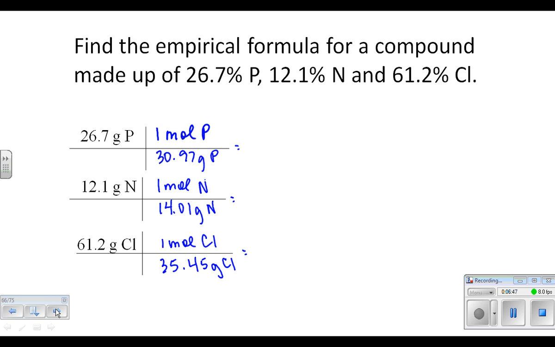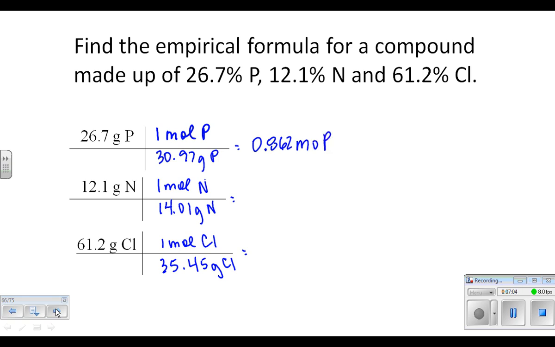I'd then grab my calculator and do this division. So I've got 26.7 divided by 30.97, which would give me 0.862 moles of phosphorus.